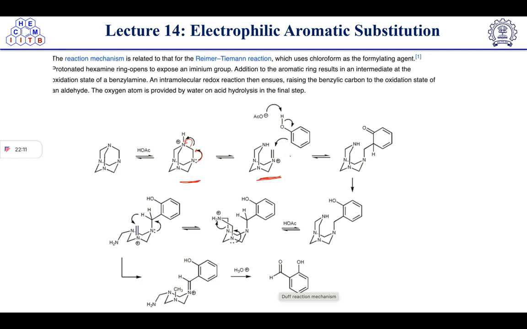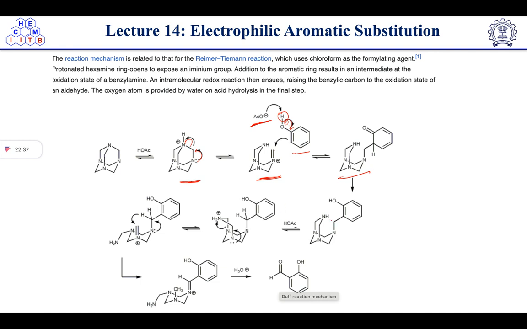After protonation, now this iminium ion can react with the phenol ring. So we know that the lone pair of electrons will push electrons here, as base will abstract the proton from phenol. Oxyanion will form, oxyanion will push electrons here, and this benzene ring double bond will attack on this iminium ion, and it will form this type of intermediate.